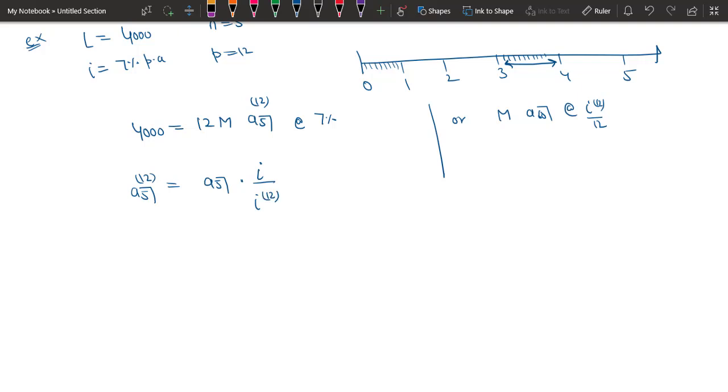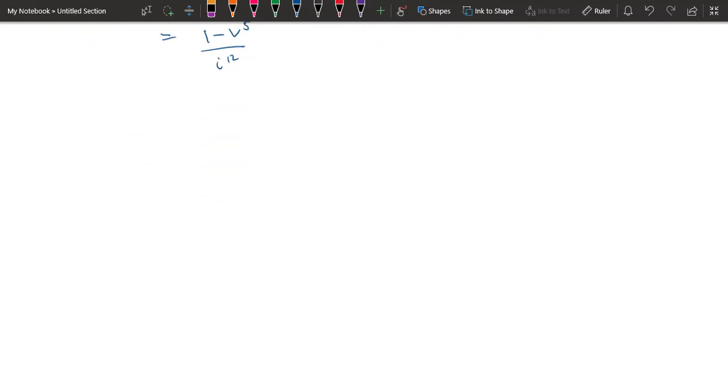If this is not given in tables, then you can always solve this value directly as 1 minus V5 upon I12. So these both are the same thing. So our M will be equal to 78.12. This is the installment that you will pay at the end of every month for 5 years.